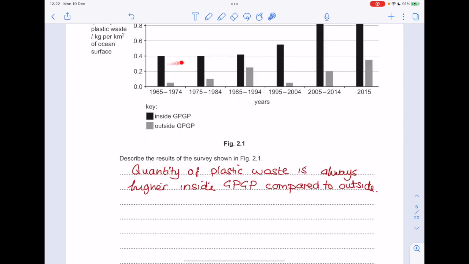We can see here that these inside GPGP numbers are almost constant from 1965 to definitely 1975 and almost 1985.